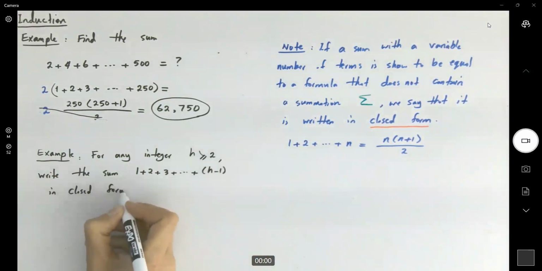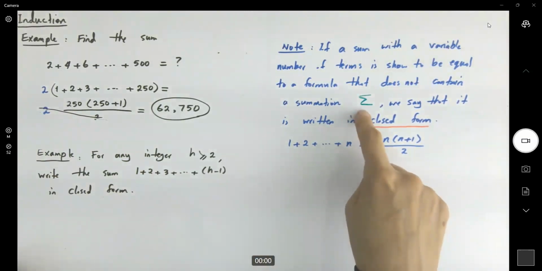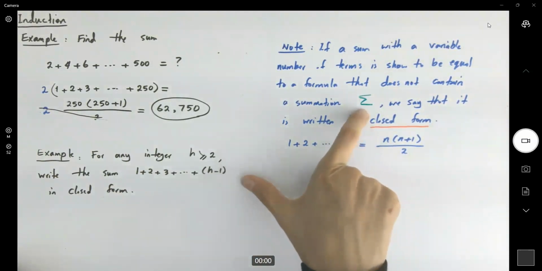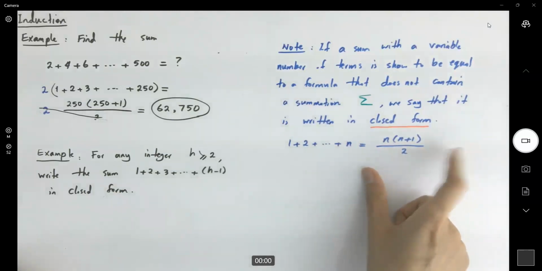Okay. It means that I'm not interested in writing this using the series method, the summation method. I want to come up with a formula similar to this.